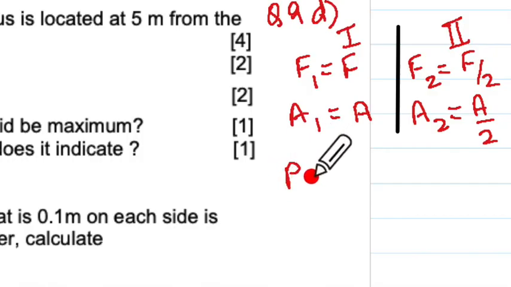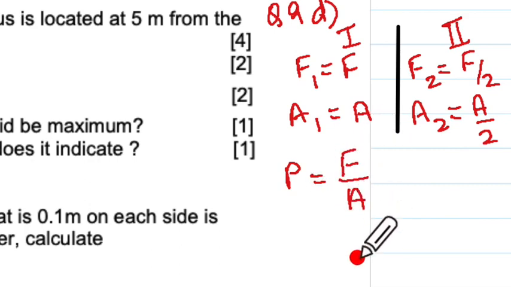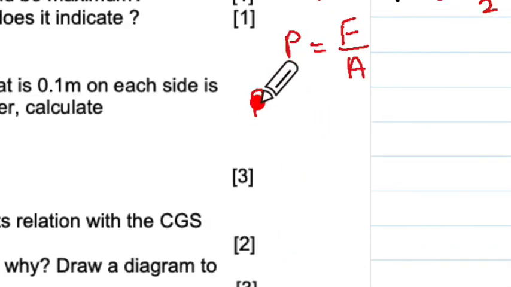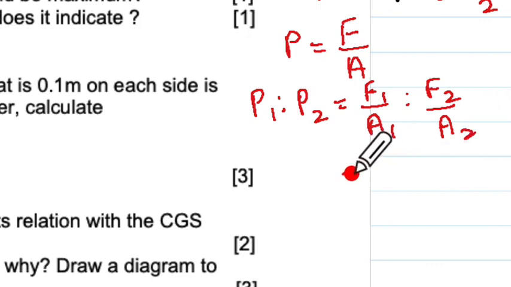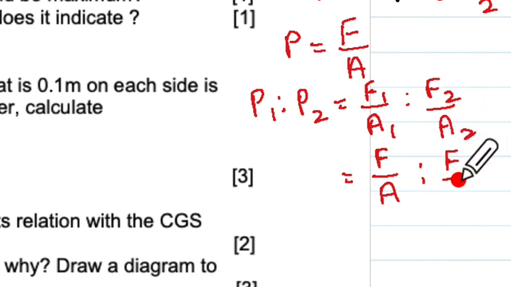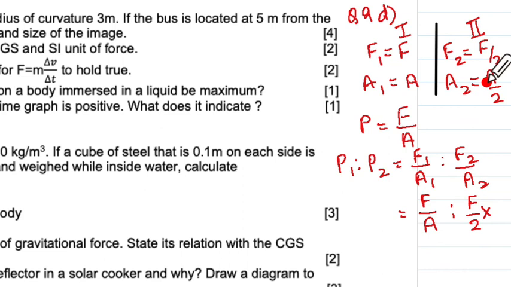Now we know that pressure is thrust upon area. So that is F upon A. So we will have P1 is to P2 equal to F1 upon A1 is to F2 upon A2. F1 is F, area 1 is A, F2 is F upon 2 and A2 is A upon 2, but it's dividing, so it becomes 2 upon A. What happens over here?